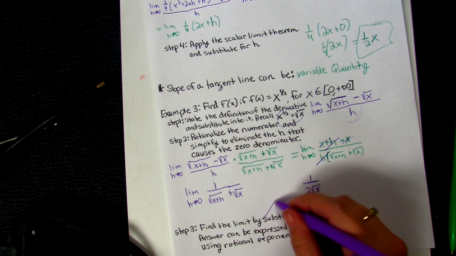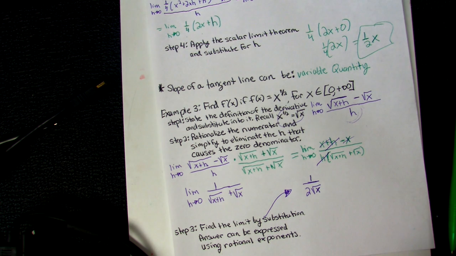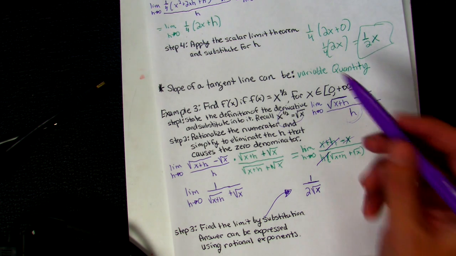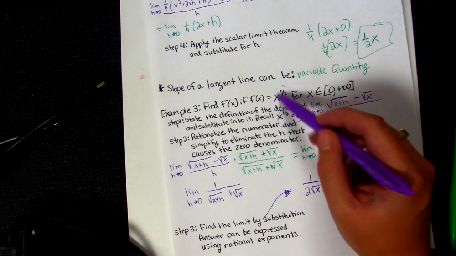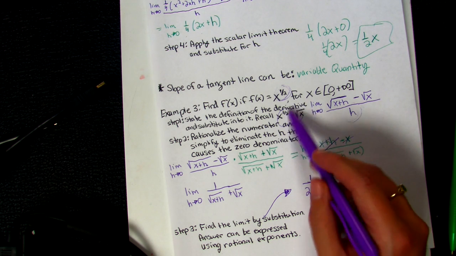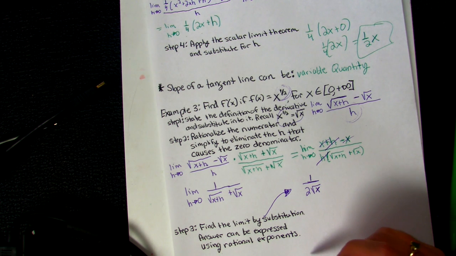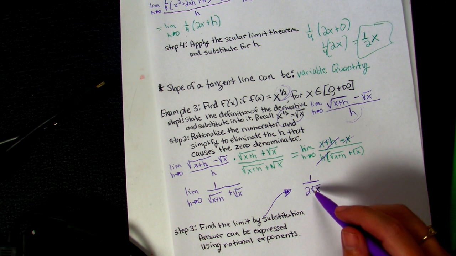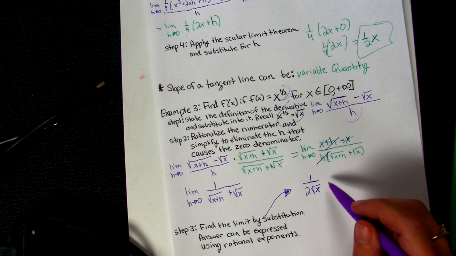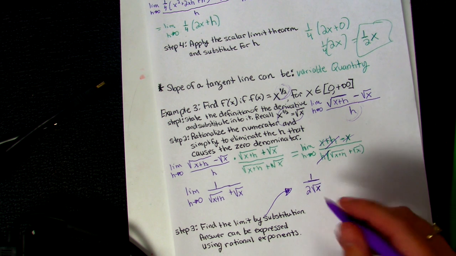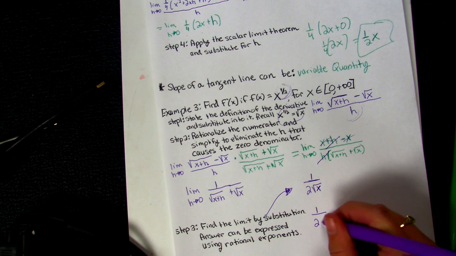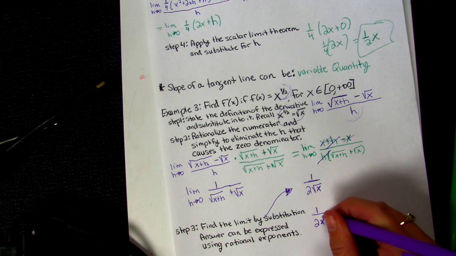So this is finding my limit right here. I substituted 0 for h. And then from here, because our problem started with a rational exponent instead of starting as the square root of x, we can actually change our answer back into rational exponents. So remember, the square root of x is actually x to the 1/2. So I'd have 1 over 2 times x to the 1/2.